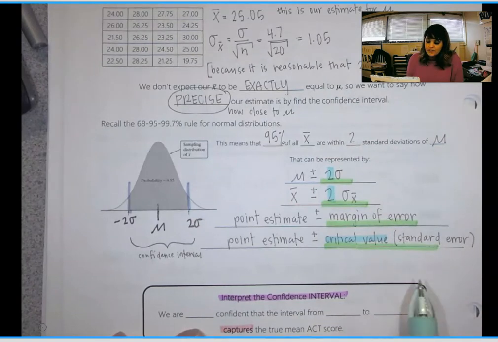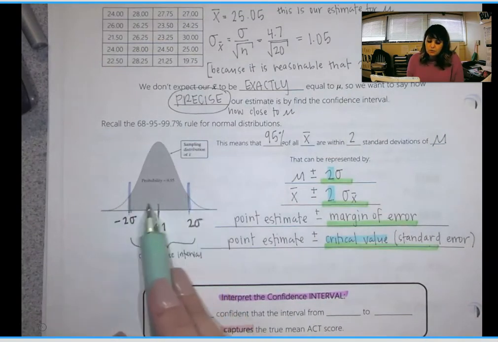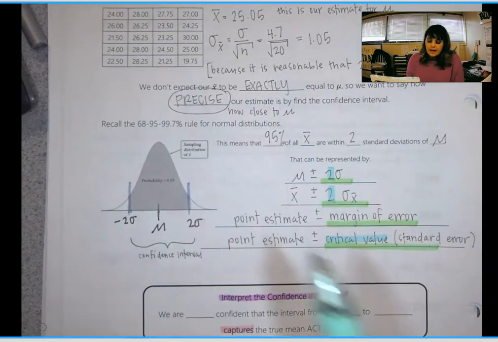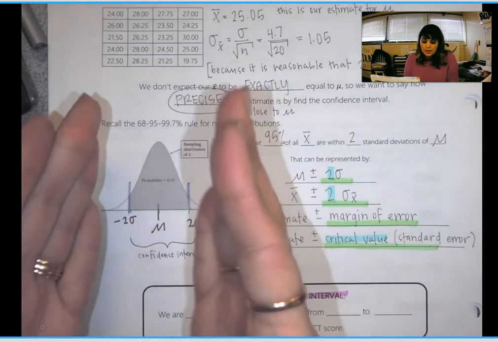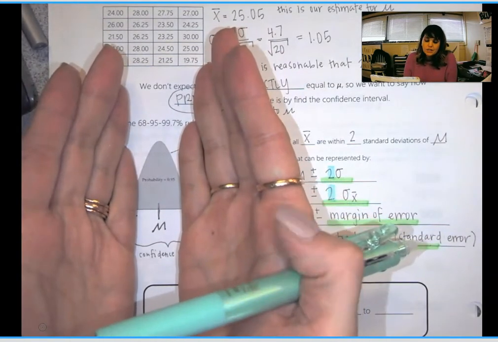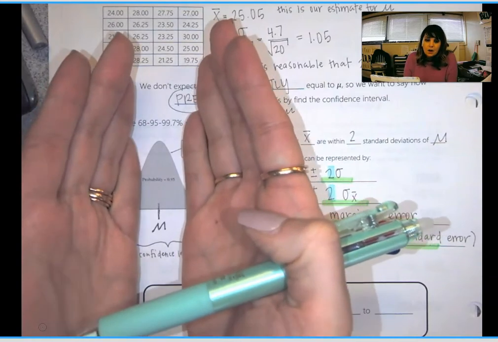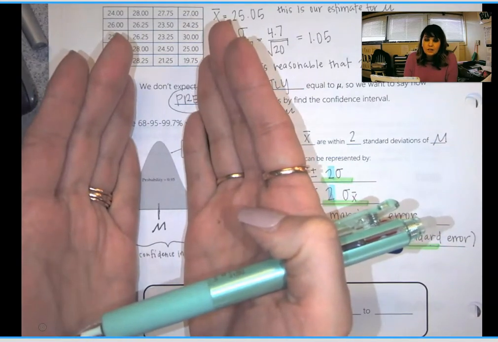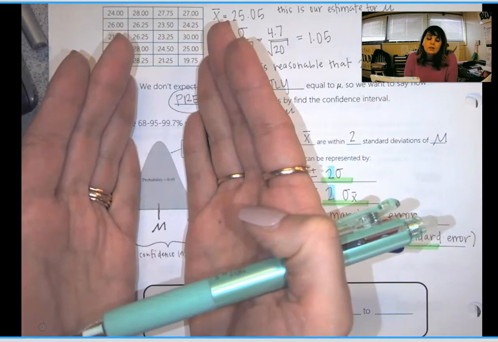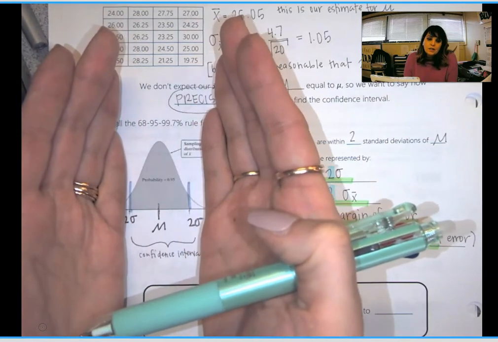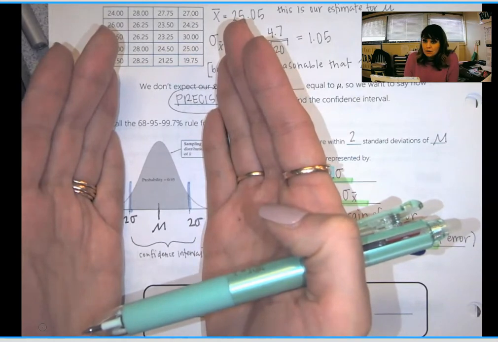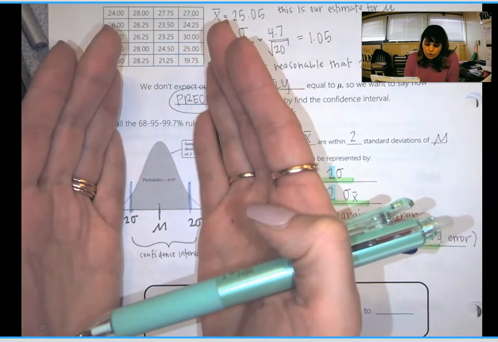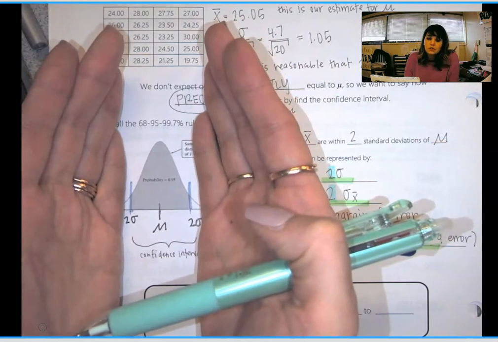So confidence intervals are based on a normal curve and the amount of data around the true value. So we know that 68% of the possible samples will be within 1 sigma of the true value, and 95% of the samples that we can take would be within 2 standard deviations of the true value.